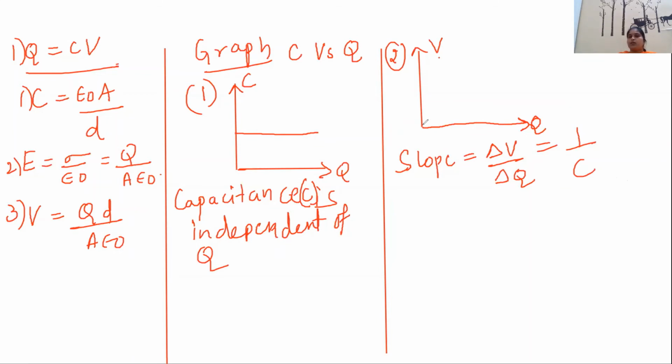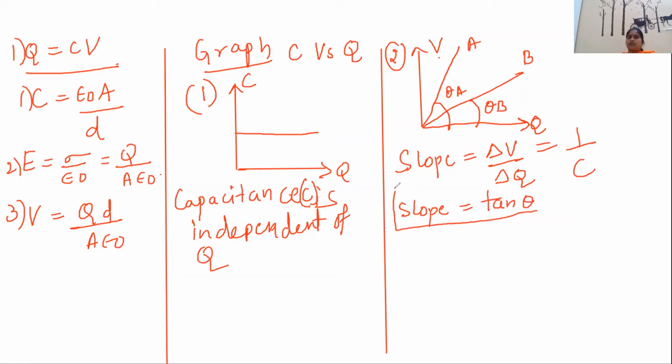I can take two straight lines, A and B. Let A be at an angle of theta A and B inclined at an angle of theta B with respect to the x-axis. Then the slope of any graph is equal to the tangent of the angle made.